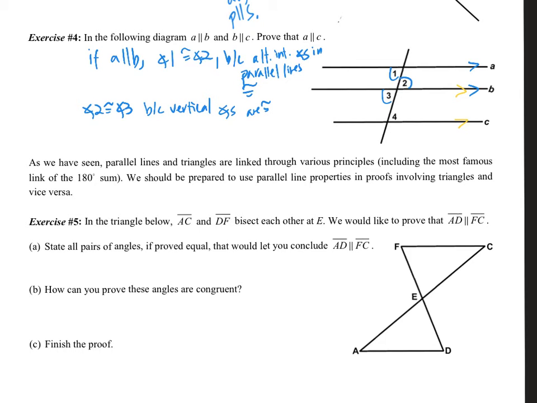And if I look at lines B and C, I know that B is parallel to C, and I see that angle 3 and angle 4 are going to be congruent as well. So angle 3 and angle 4 are congruent for the same reason why angle 1 and angle 2 are congruent. This is another set of alternate interior angles.